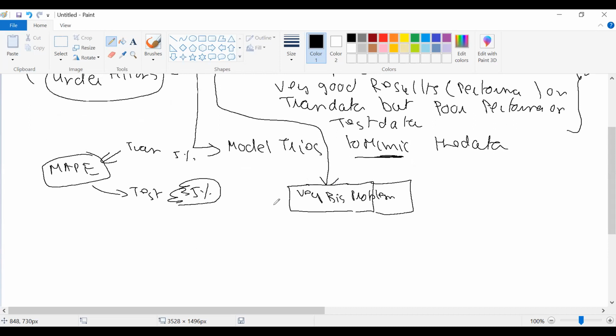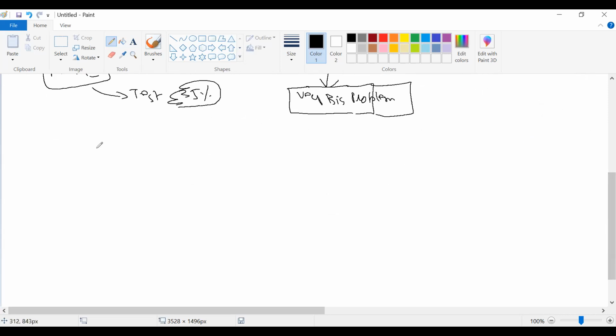But why is overfitting a problem? Overfitting problem क्यों? At least train पे तो अच्छा आ रहा है. Why is overfitting a problem? हम उसे प्रॉब्लम क्यों मान रहे हैं? अच्छा छोड़ो. Suppose करो.